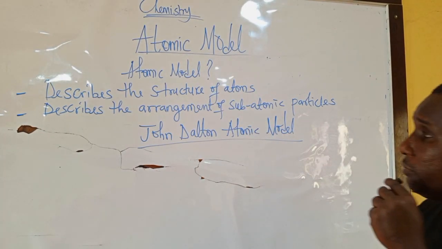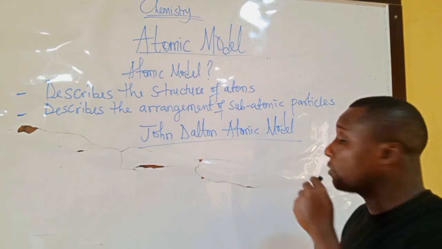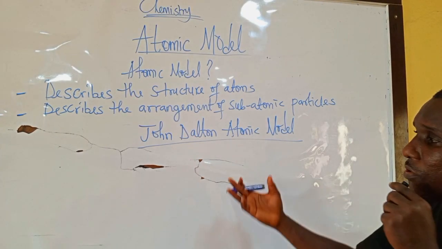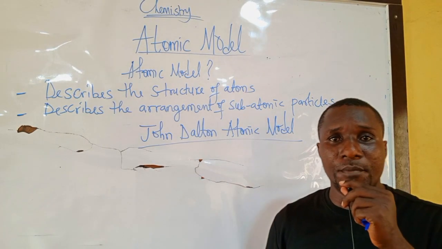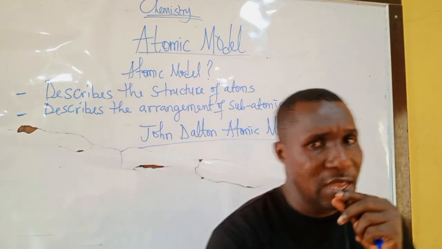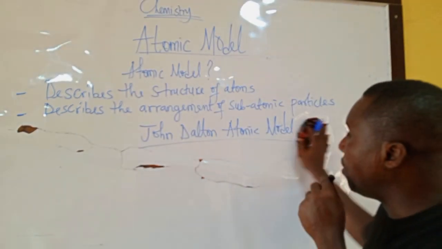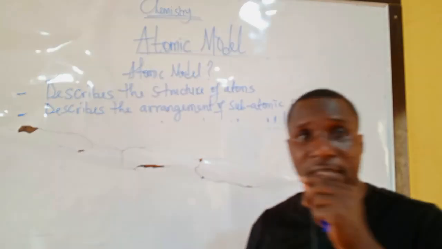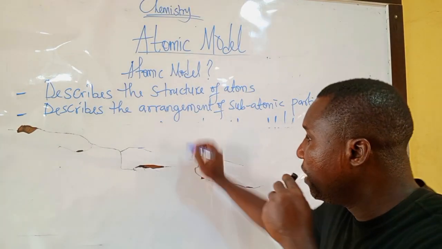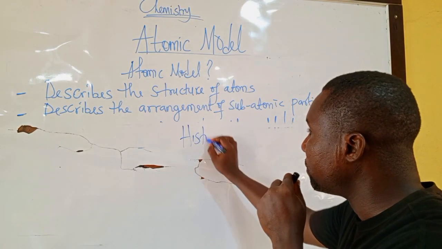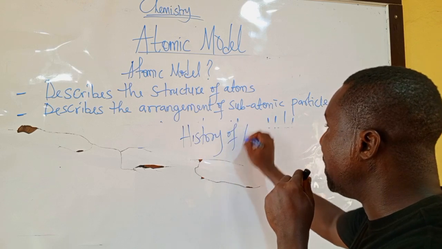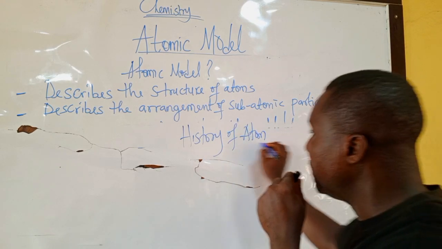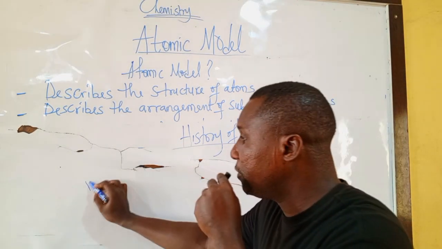Atomic model describes the arrangement of subatomic particles. Then let us look at John Dalton atomic model. Or before that, let me quickly explain the history of atom, because I said about history of atom. Take note of this.